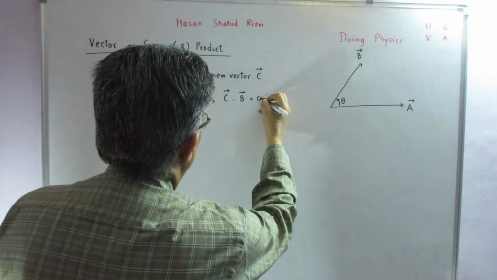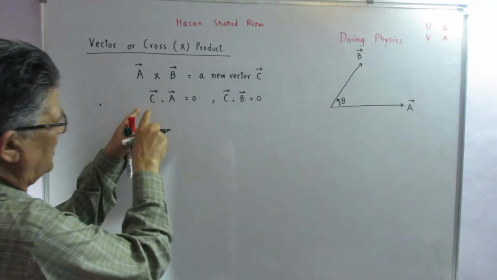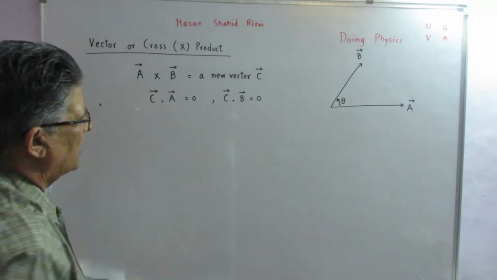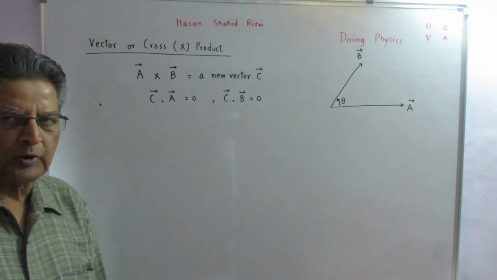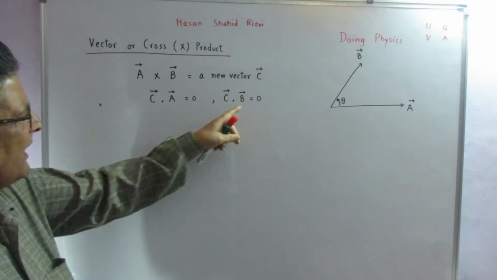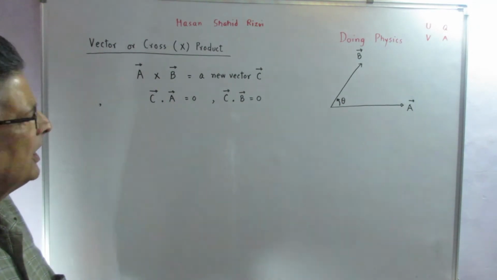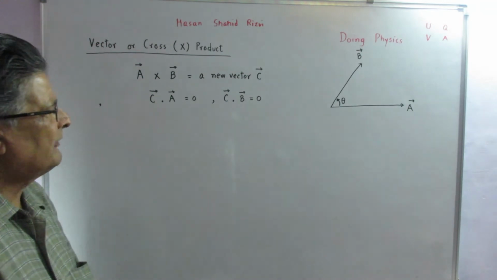So recall, when do I get a dot product equal to 0? When the constituent vectors undergoing the operation of dot product, c and a, or c and b, or a and c, b and c in the reverse order, we obtain a value 0.